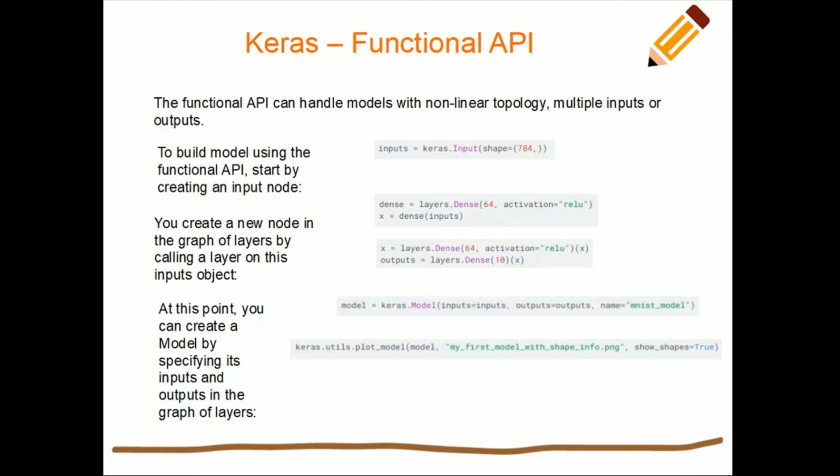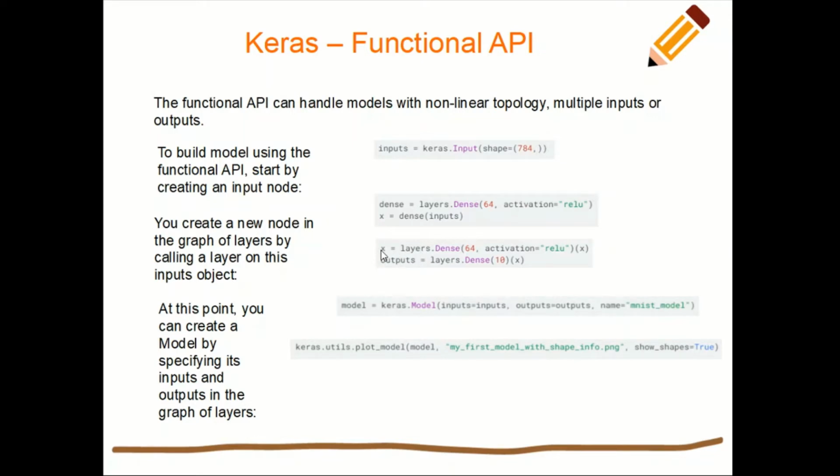What we have to do is begin with the creation of an input node. Here is how we can create that input node, and then we can create another layer and pass this input to the created layer. That way we get another output, and we can use that output as an input to another layer.